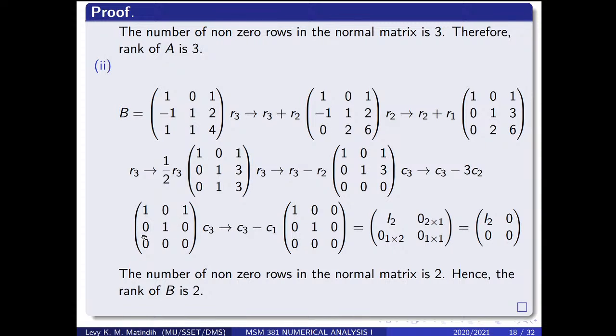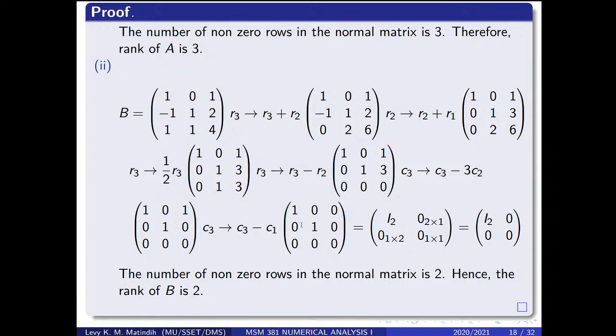By subtracting column 1 from column 3, we're going to say 1 minus 1 to give us 0, 0 minus 0 to give us 0, 0 minus 0 to give us 0. Now, if you look at the final matrix, this is the normal form of matrix B.